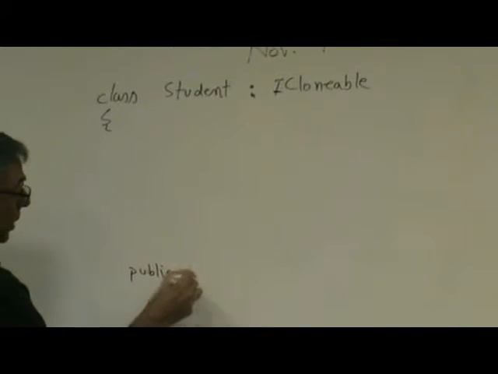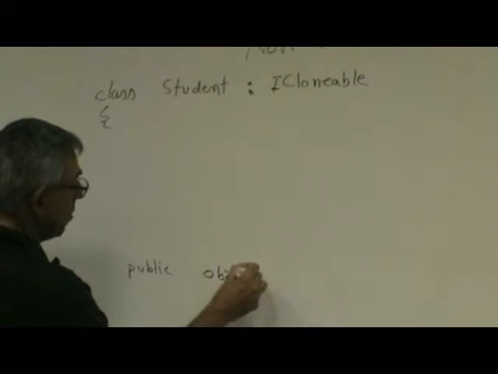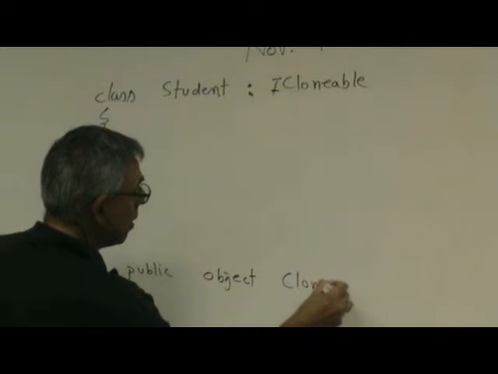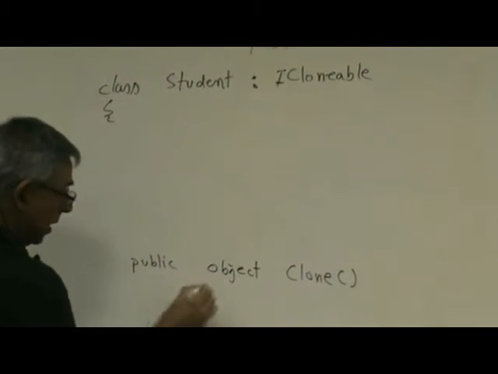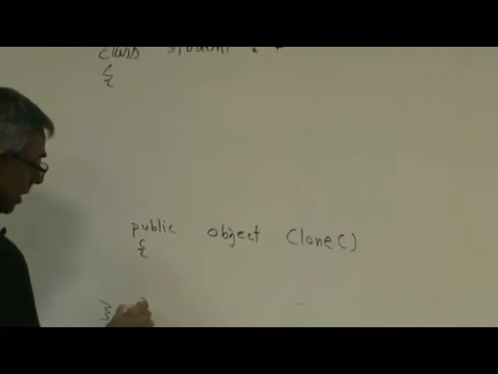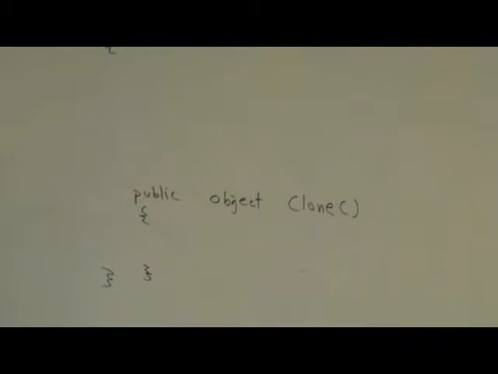So once you choose implement interface, towards the end of your code, it will end up writing a simple function like this: public object clone, and begin curly and end curly. Okay? So now our job is to provide the real code over here.